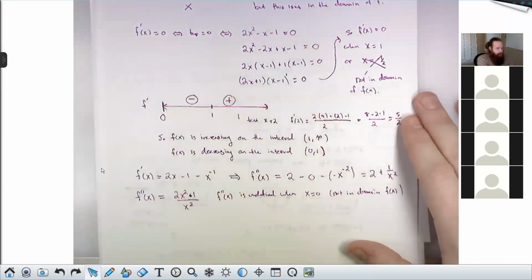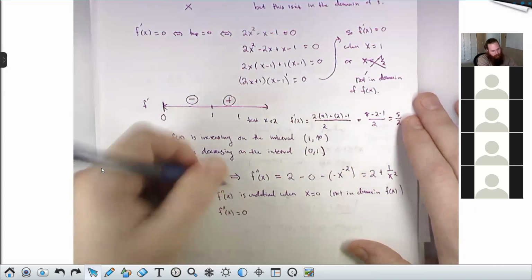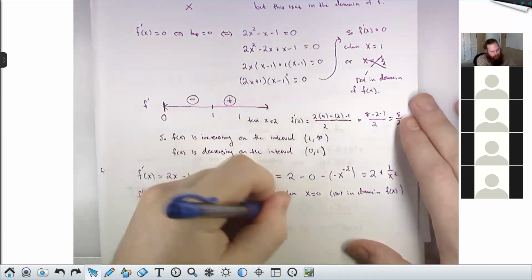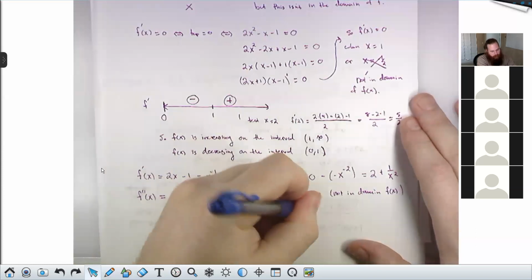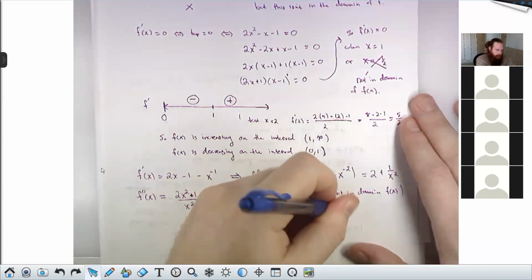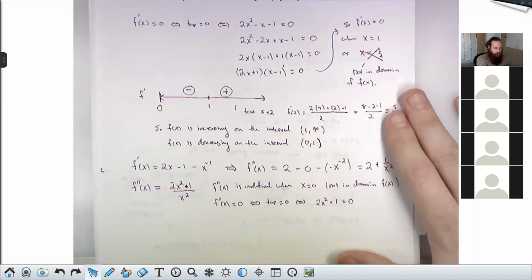So I don't worry about it. And this top is never going to be 0, because 2x squared is always positive.